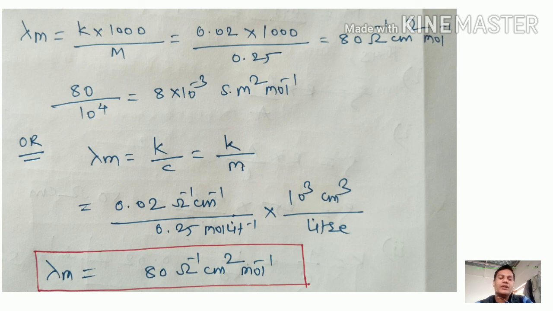So after putting the values, that is for K, then concentration, that is the molarity, you will get 0.02 upon 0.25 into 10 raised to 3 per liter. So you will get the answer, lambda m is equal to 80 per ohm centimeter square per mole. So in this way we have to solve this numerical. Now we will see the next numerical in the next part.